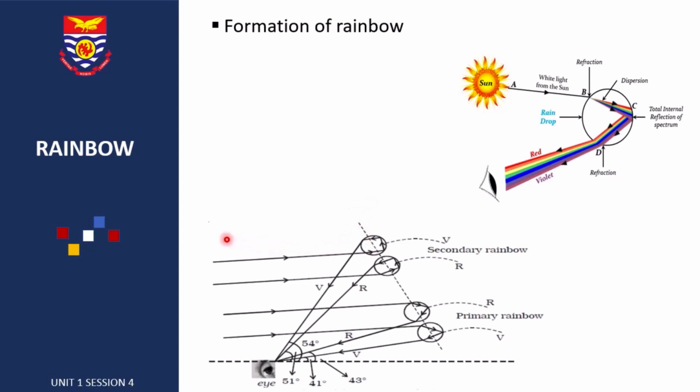So when the light rays enter the raindrop, we have one reflection here, another total internal reflection here before it emerges out. As compared to the primary rainbow, we have only one reflection that is actually happening, where we have a white light that is entering, that is from the refraction, it enters, then we get only one reflection before it gets to the eye and it's being observed.